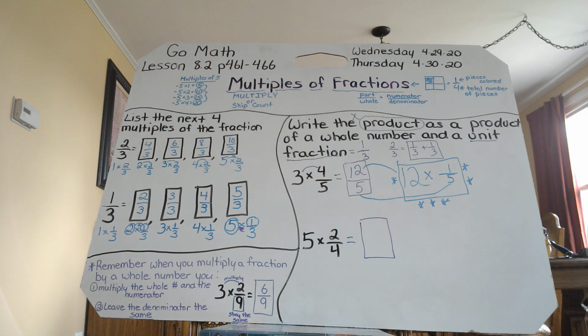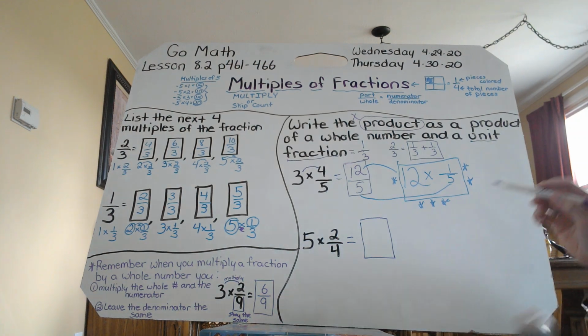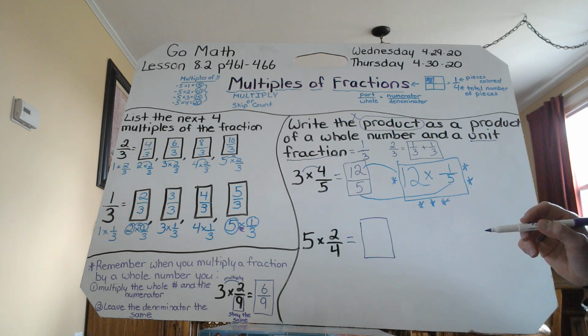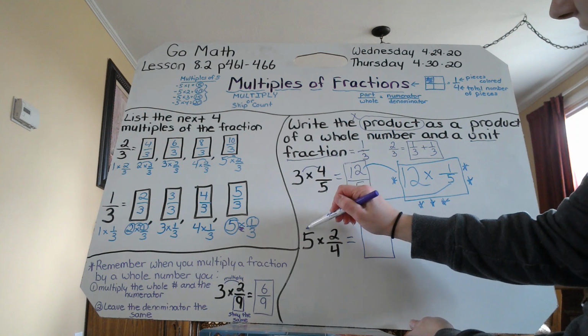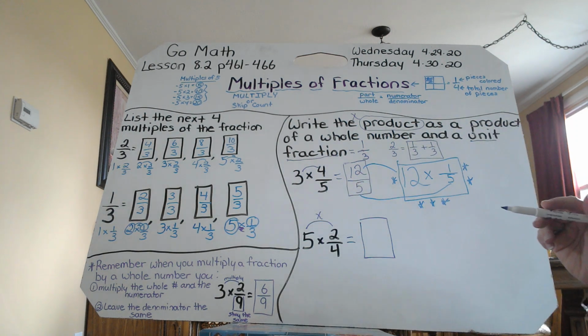Okay, everybody just about done? Okay, when we are multiplying a whole number and a fraction, I know I'm saying it a lot, but it's a great way for you to keep hearing it. I take my whole number, which is my 5, and I multiply it by my numerator, which is 2.